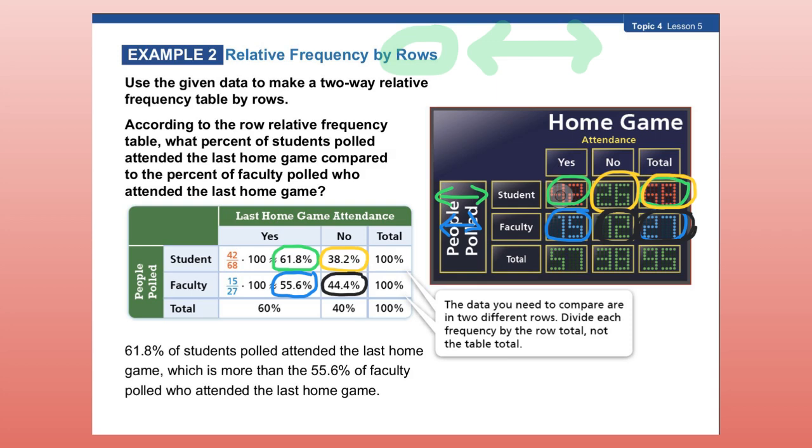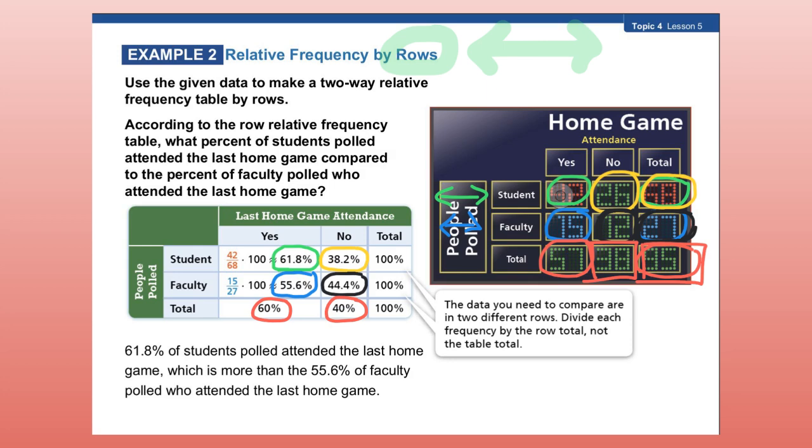And we have one more row to take care of. 57 yeses out of 95, 60%. And 38 out of 95 is 40%.